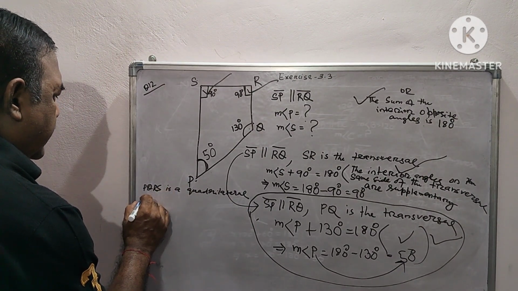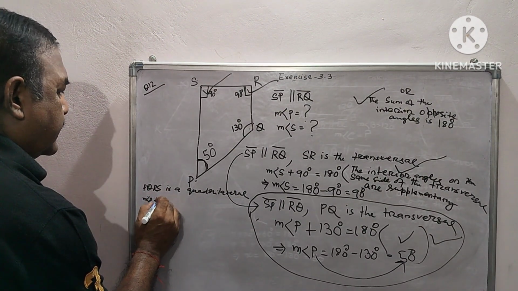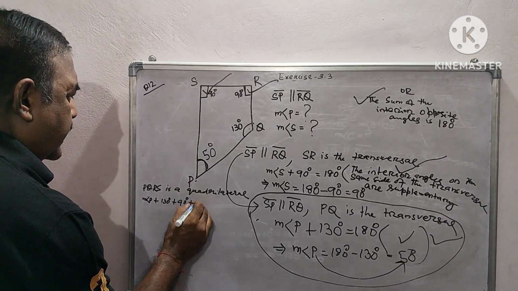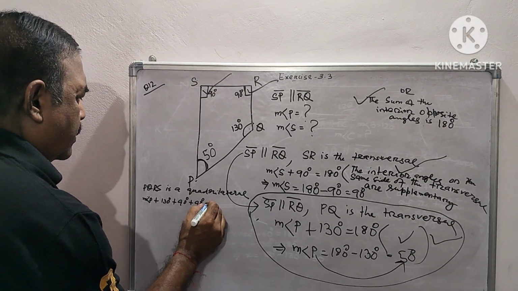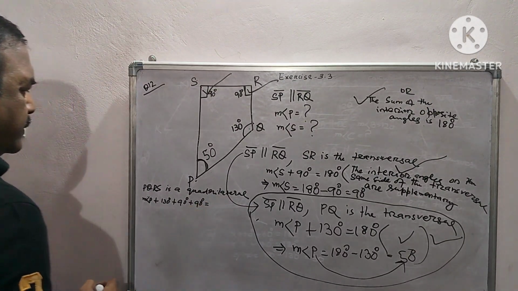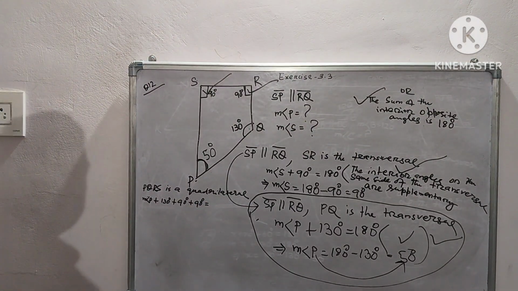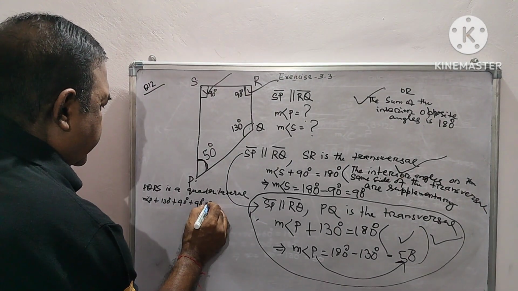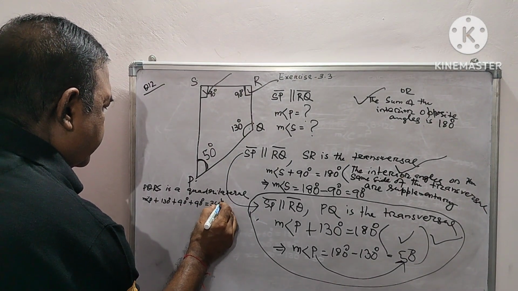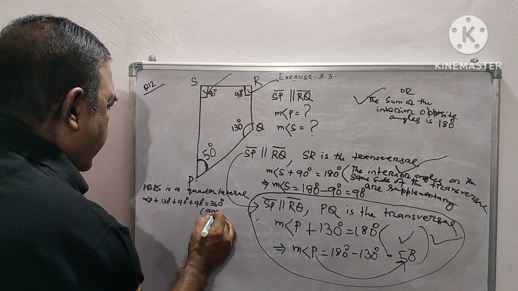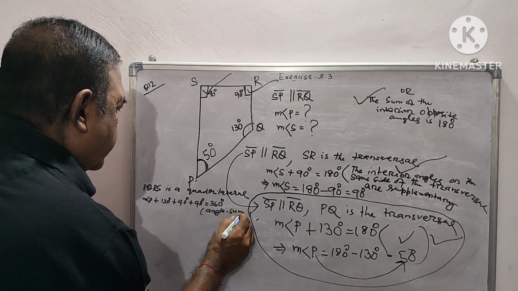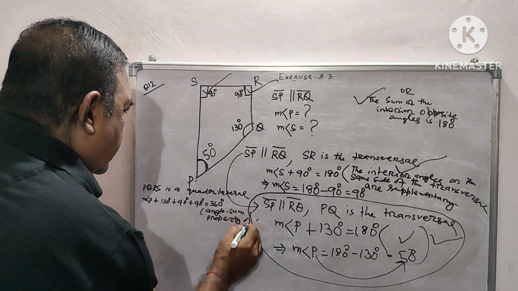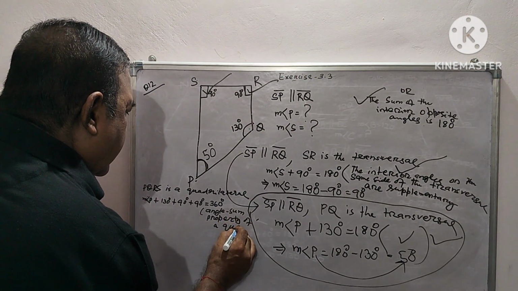So measure of angle P plus 130 degree plus 90 degree plus 90 degree is equal to 360 degree, due to the angle sum property of a quadrilateral.